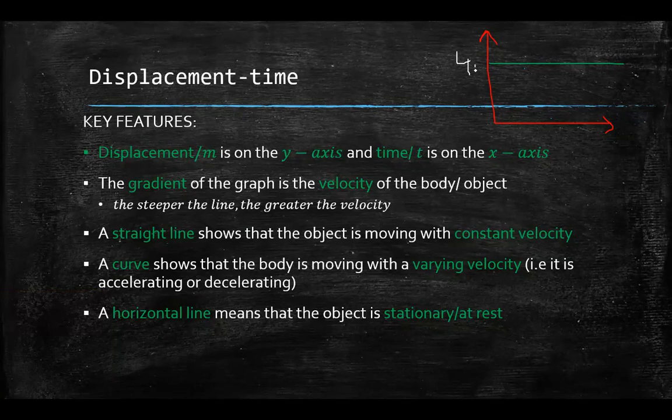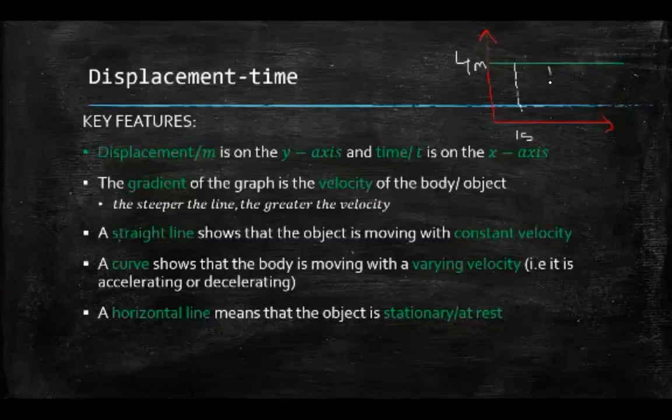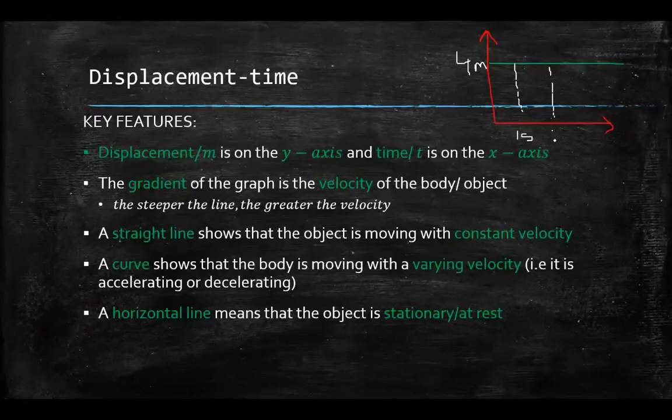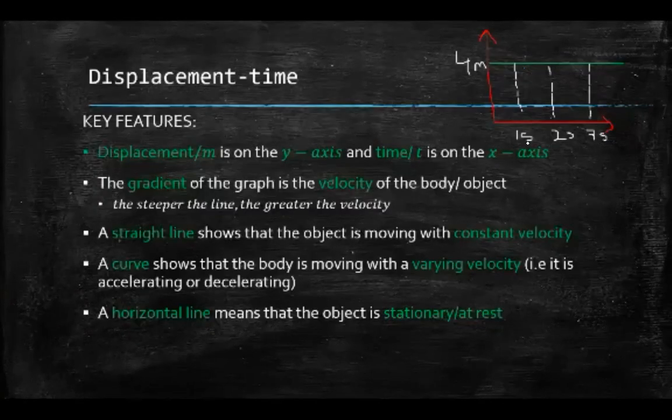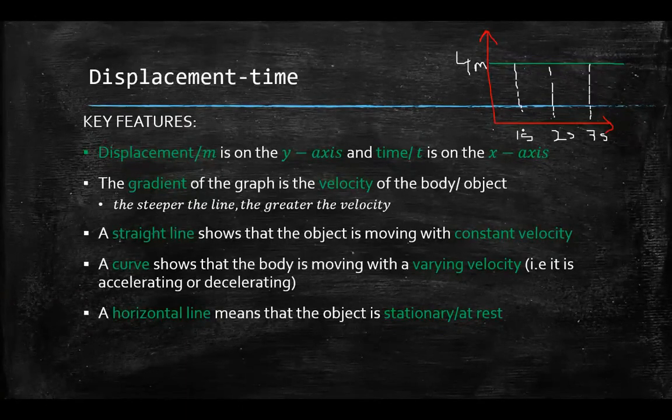Let's just say this is 4 meters. At this point, it's 1 second. So remember, this axis represents time, right? At this point, it's 2 seconds. At this point, it's 3 seconds. So time is going by. It moves from 0 seconds to 1, then 2, then 3. But notice here, the body is not moving because it's still at 4 meters.